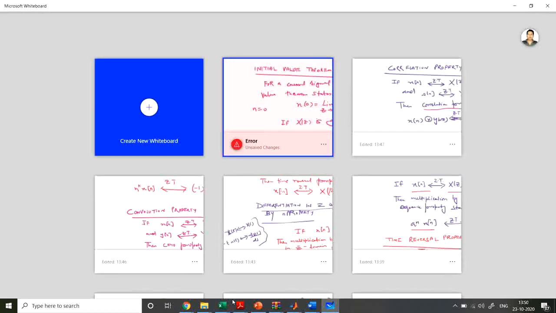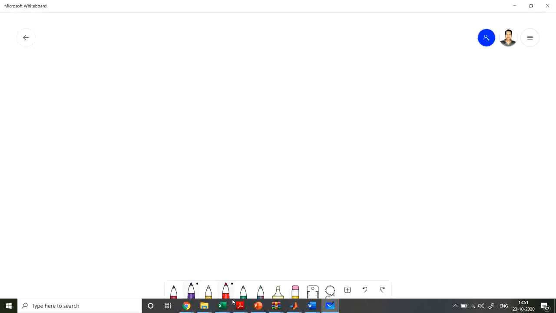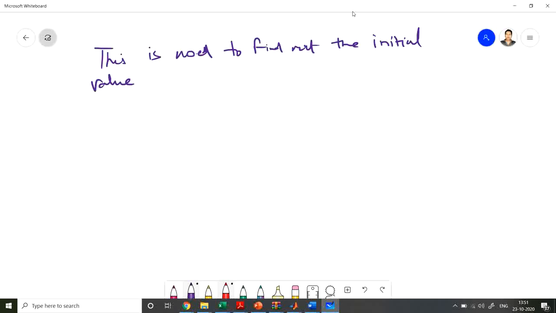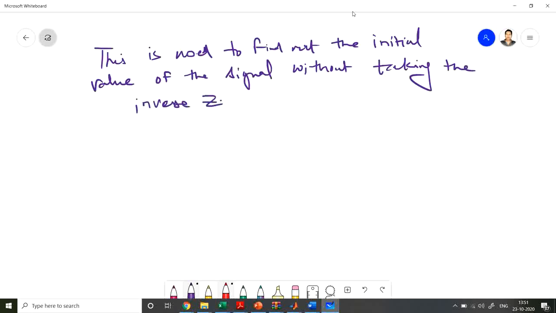So this is used to find the initial value of the signal without taking the inverse Z transform.